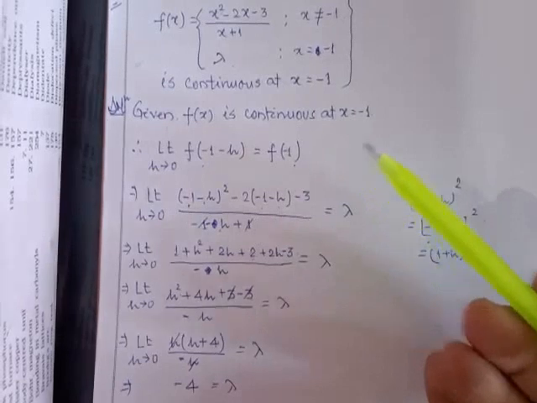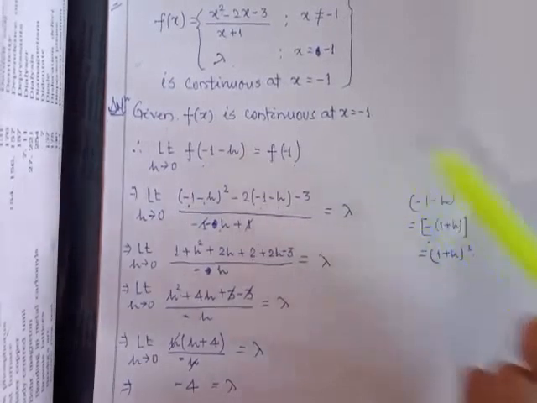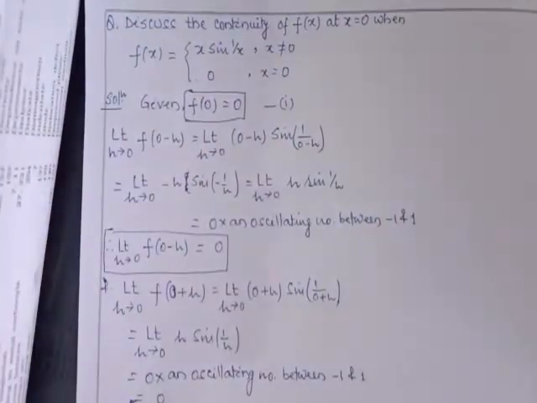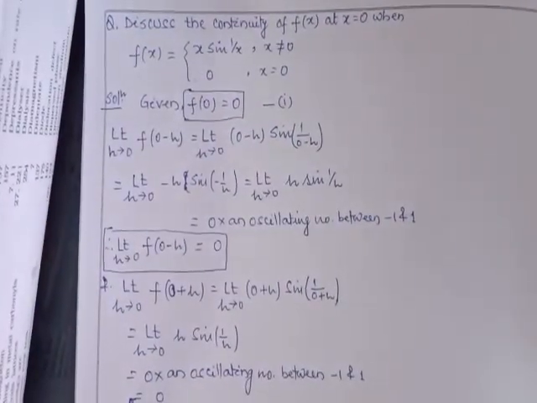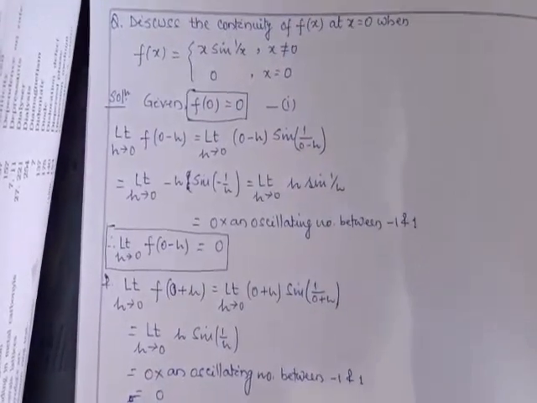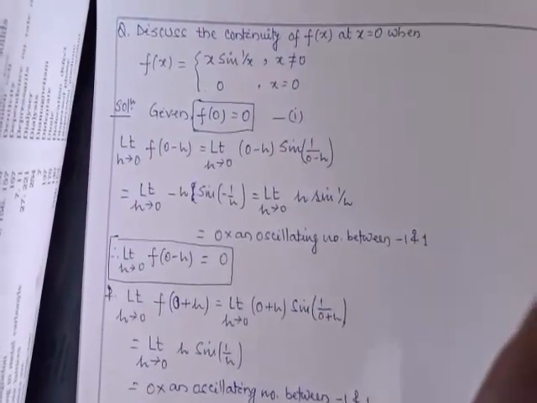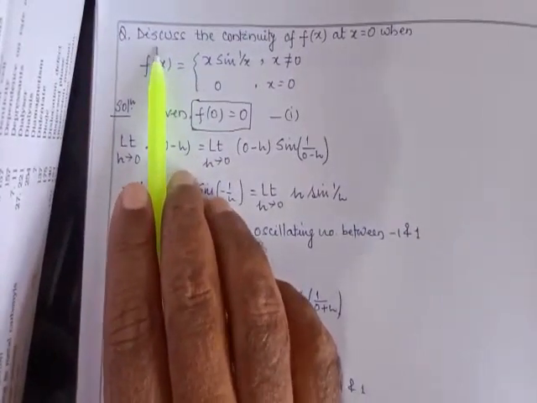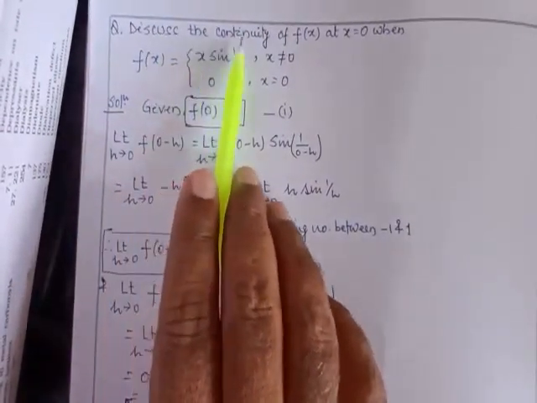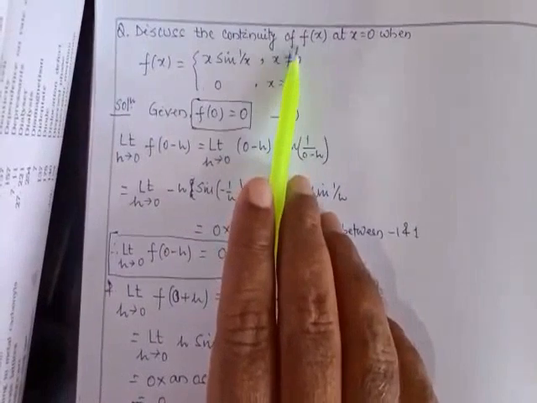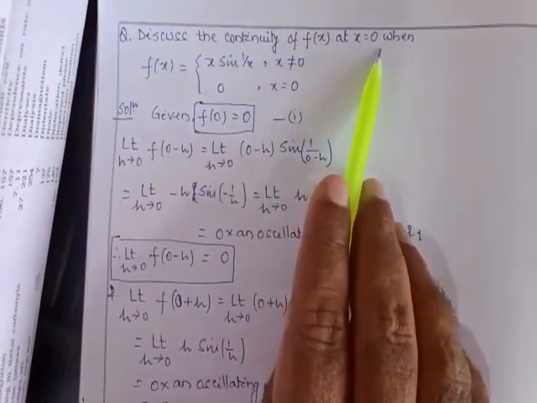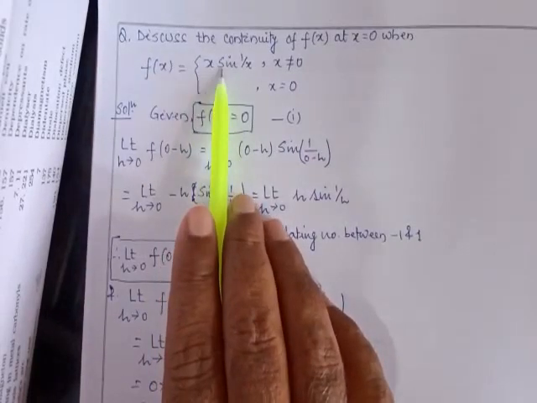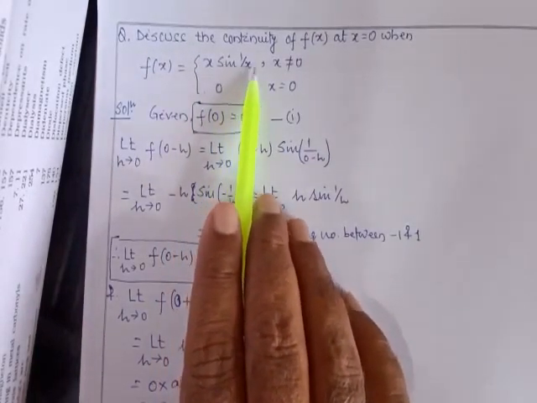So now consider, students, another problem. This is a problem of trigonometrical type. Discuss the continuity of the function f(x) at x equal to 0, when f(x) is equal to x sine 1 by x when x is not equal to 0, and is equal to 0 when x is equal to 0.